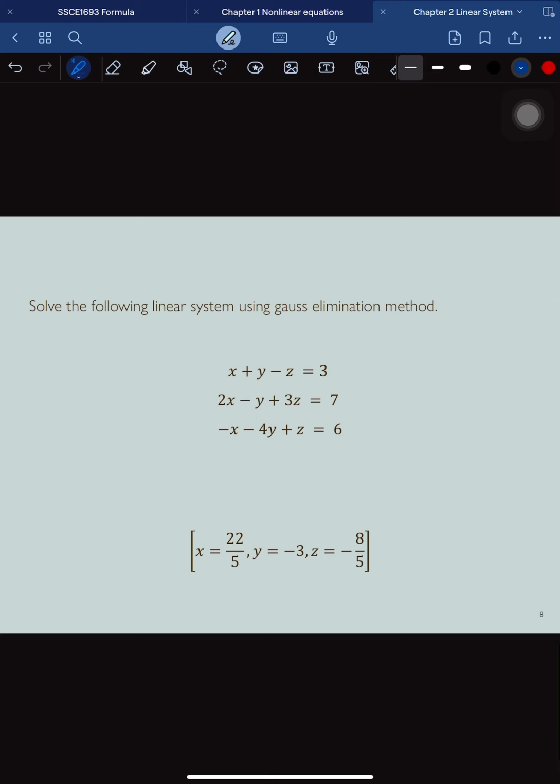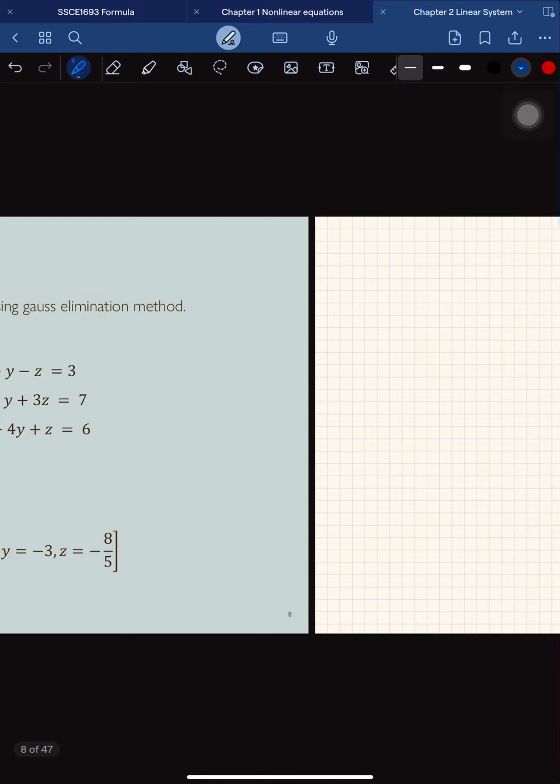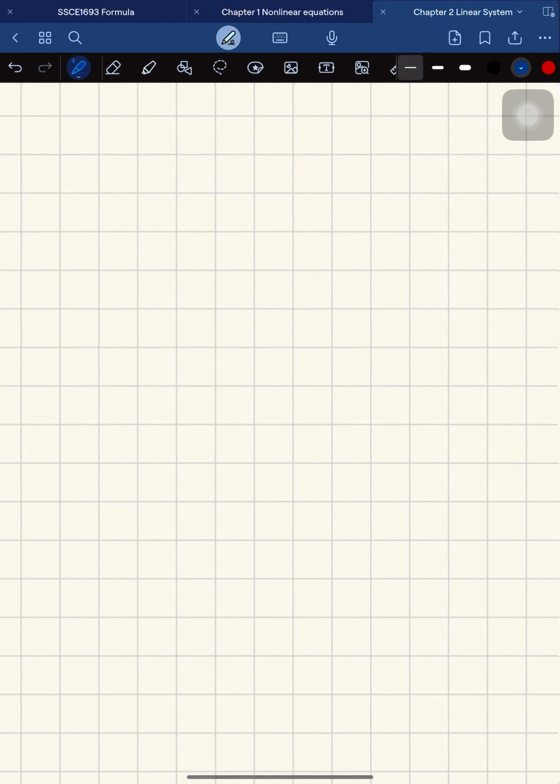For example, we have this linear system and we want to find the value of x, y, and z.